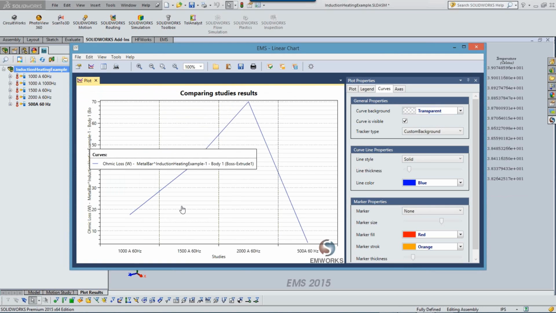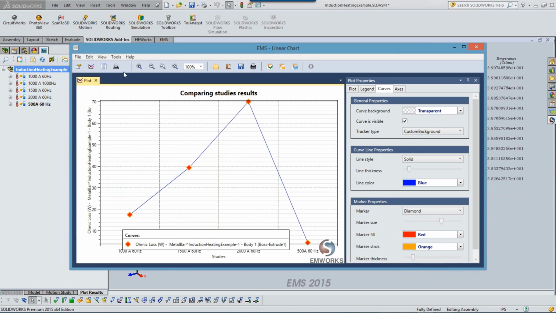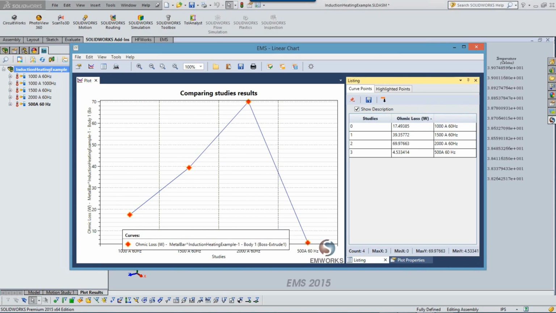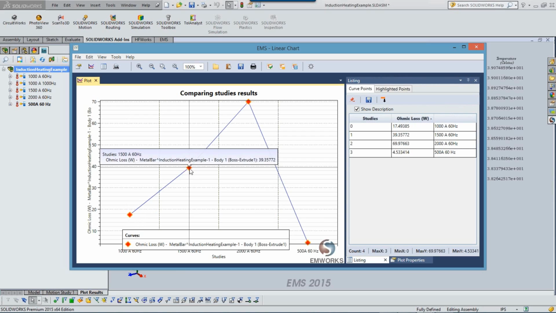So basically this is the loss in the metal bar when you take the various studies into consideration. So I have these values here. When I have about 1000 amps, my loss is around 17.5 watts. If I have 1500 amps, my loss is 39 watts.